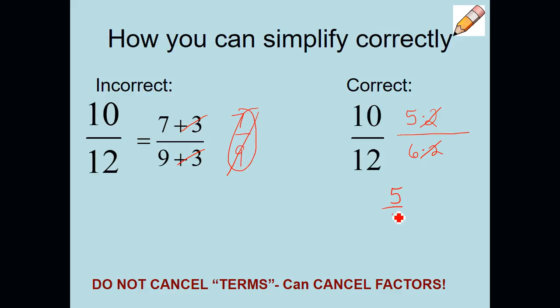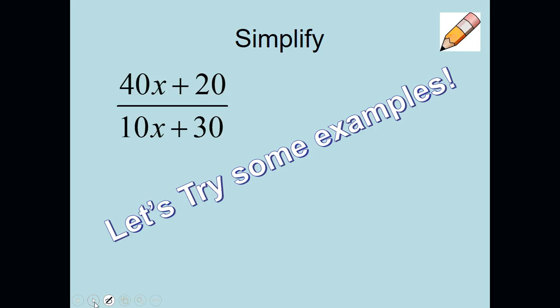That is the correct answer for 10/12. It's understanding that you're dividing out something top and bottom, and that means you must have multiplication on the top and bottom. So let's try some examples that'll look a little complicated here, but we'll break them down easy so that we can understand what's happening when we simplify.